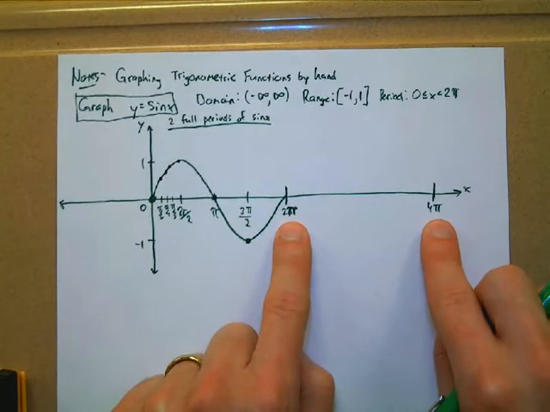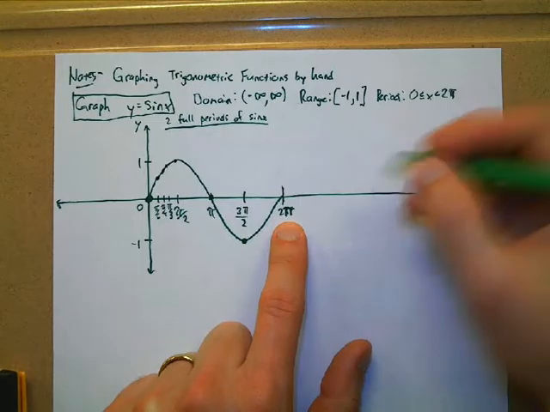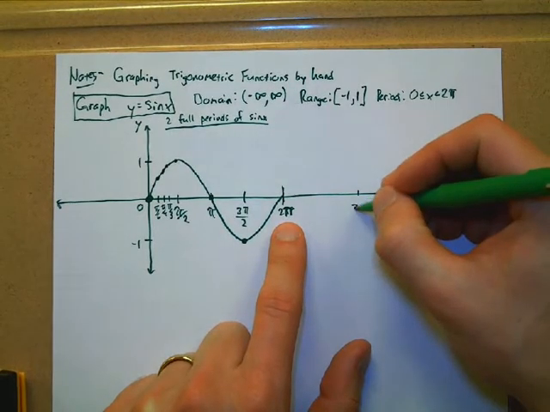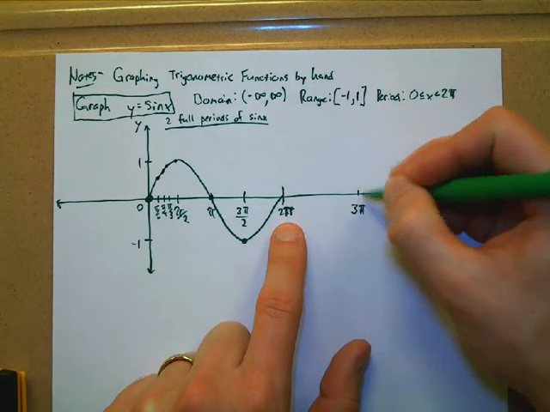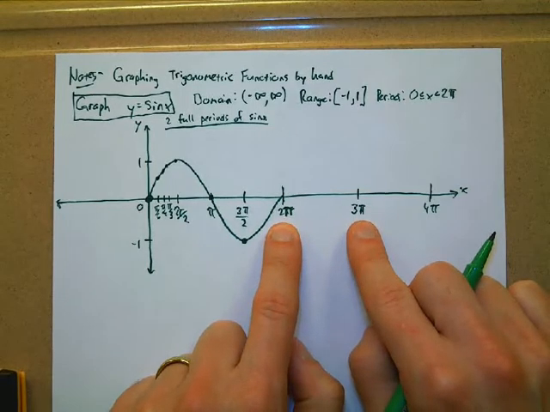Then halfway between 2 pi and 3 pi: halfway between 2 and 3 is 2.5, or 5 halves, so 5 pi over 2.